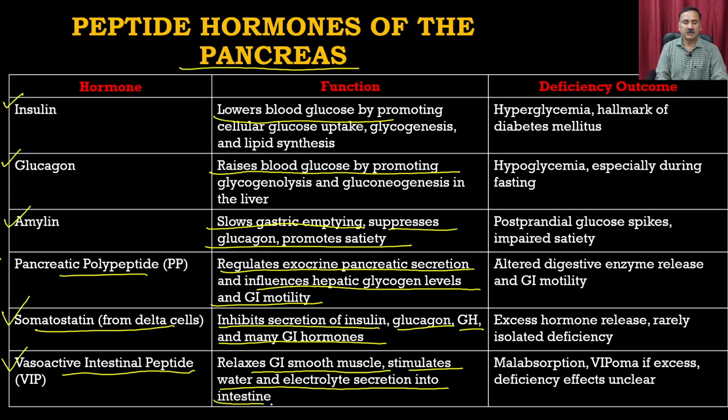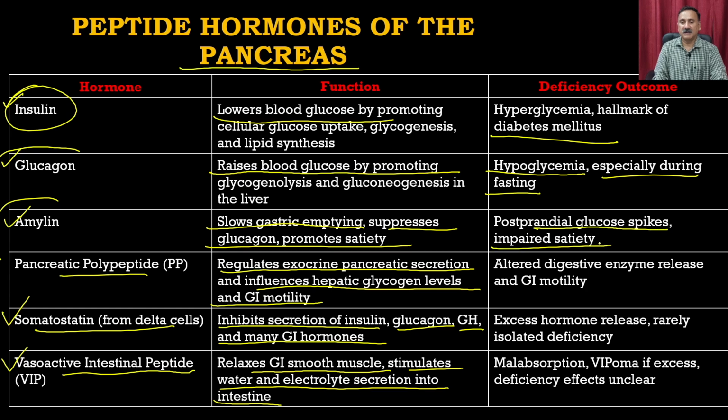secretion into the intestine. And as far as the deficiency is concerned, insulin deficiency is going to cause diabetes mellitus. With the deficiency of the glucagon, it is going to cause hypoglycemia, and it happens especially during the fasting. Then amylin deficiency is causing the postprandial glucose spikes or the impaired satiety.